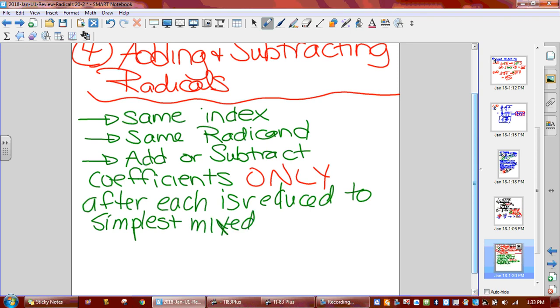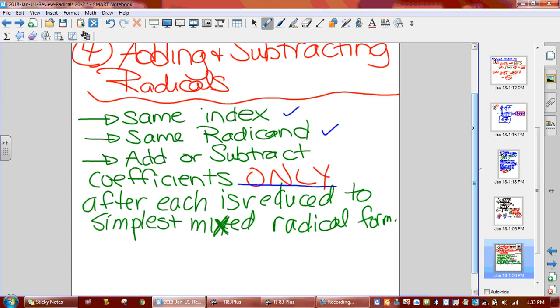Okay, so we need a couple conditions. Same index, same radicand. Those are the conditions we need in order to add or subtract. And we only add or subtract the coefficients. That's the numbers in front attached to the radicals. Okay? I'll just move this up a little bit for you. So we add or subtract the coefficients only, and it's after we reduce everything.